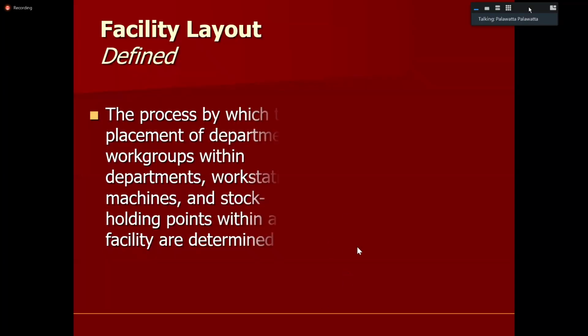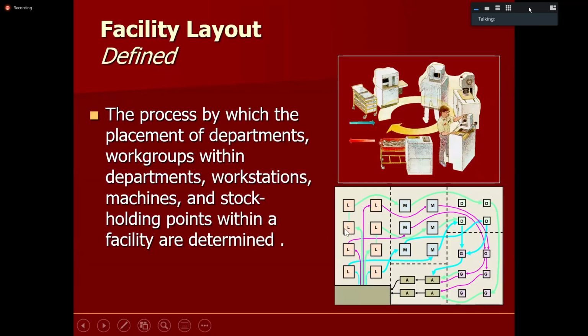So you see here, if you look at this diagram, let's say this is L, for example.